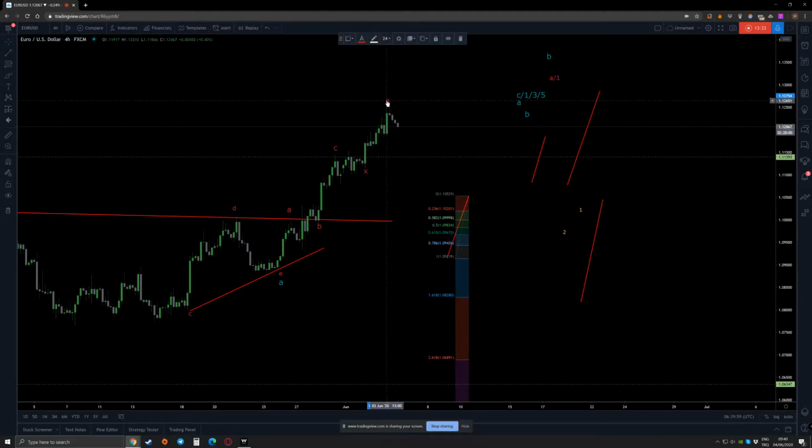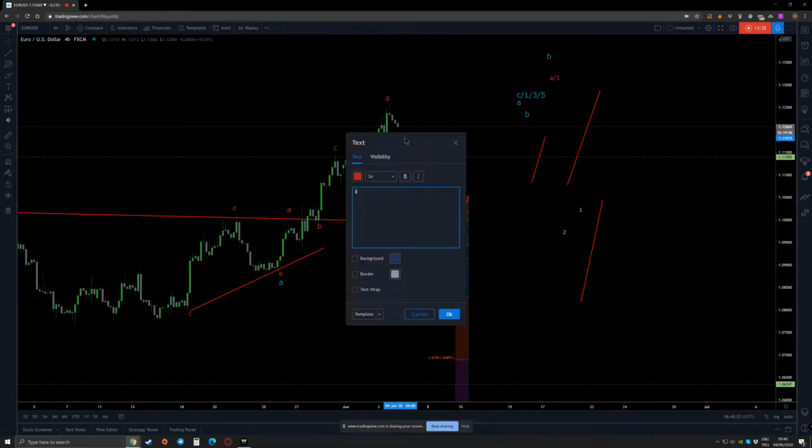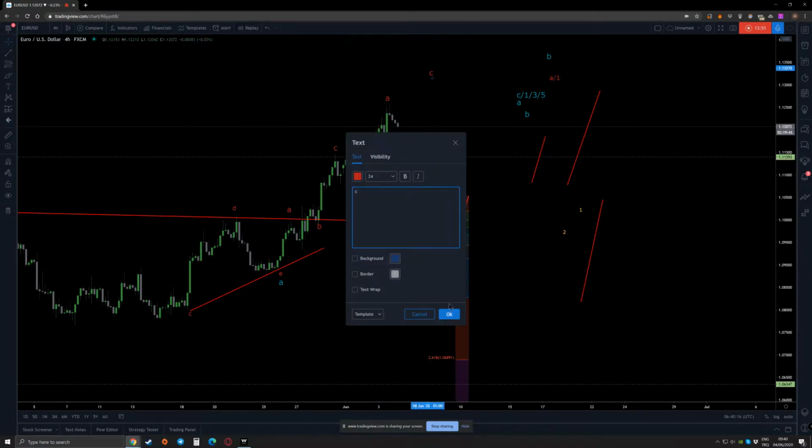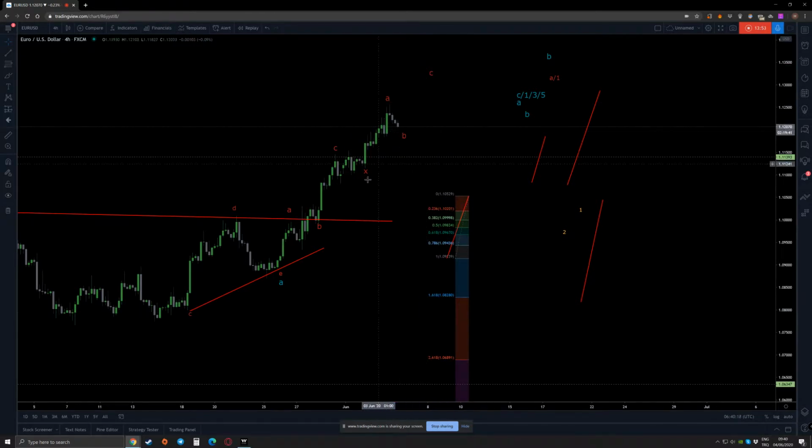Now look, what I would do now is still wait for a wave B. This wave B, if it is another zigzag like A, B, C, X, A, B, C, like this, I would use the channeling rules to see if this actually works.